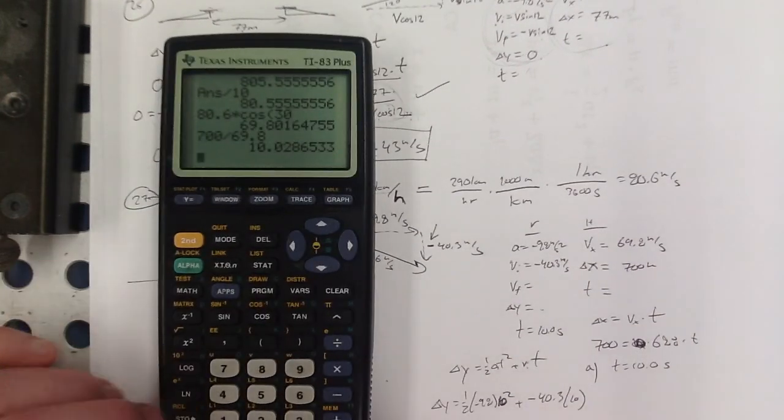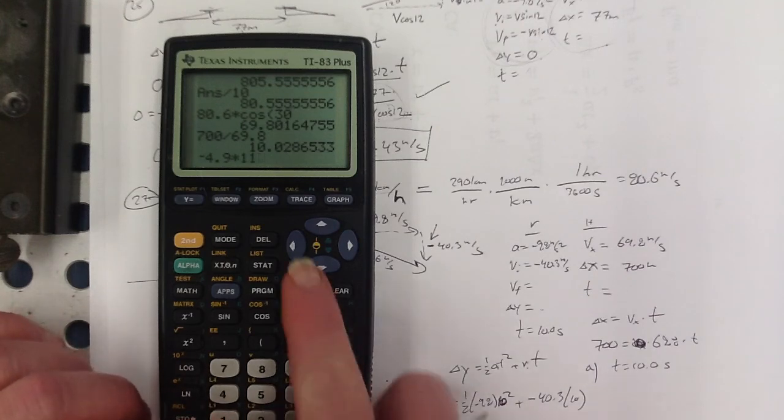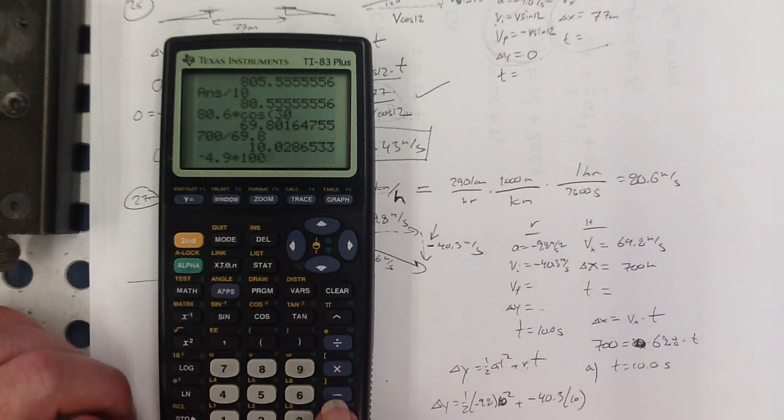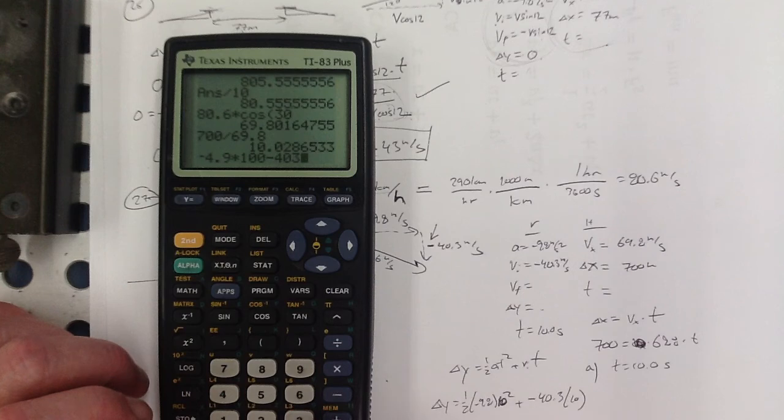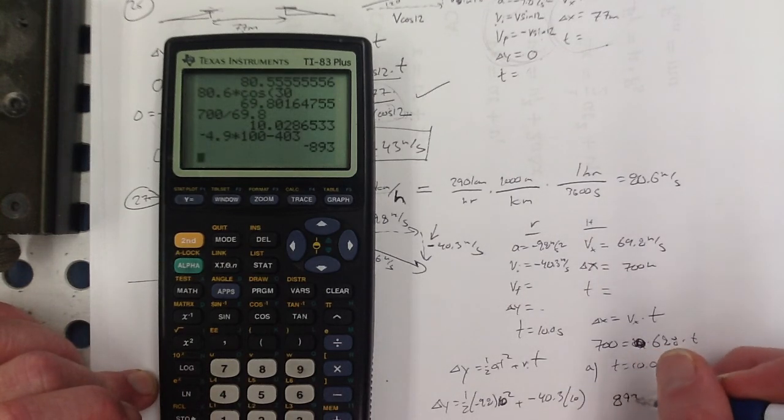All right, so let's see, negative 4.9 times 100 minus 403. So that is 893 meters.